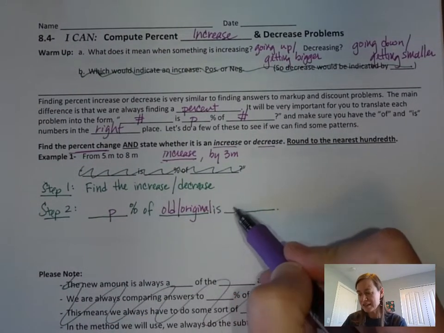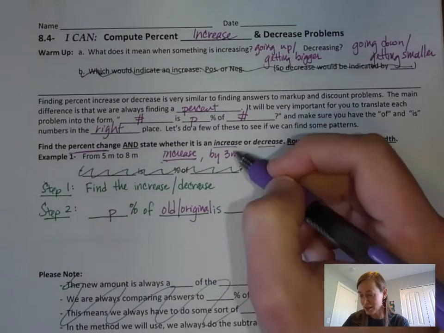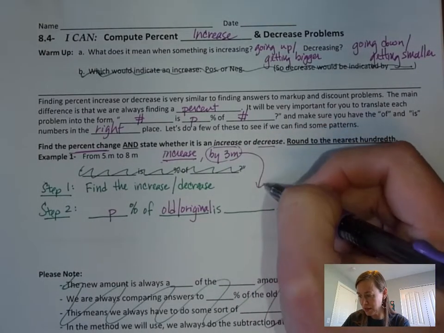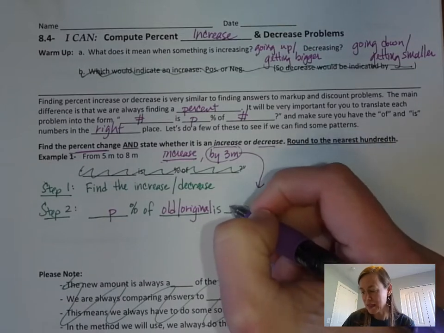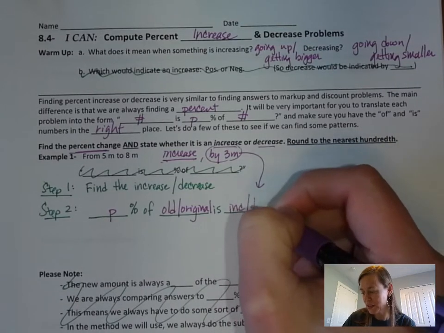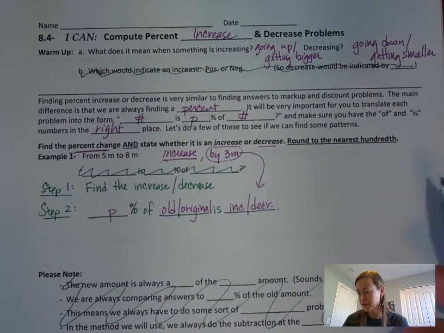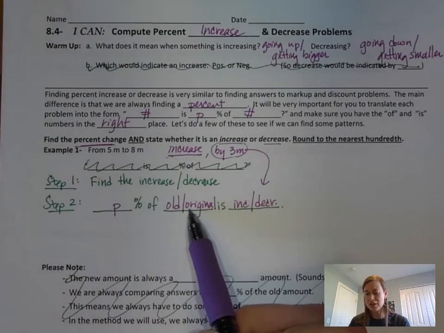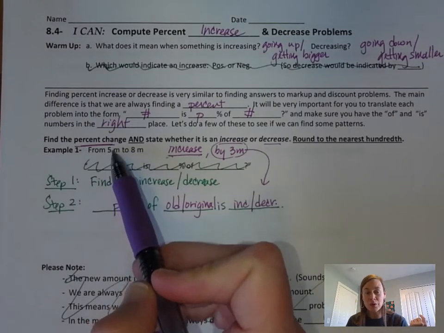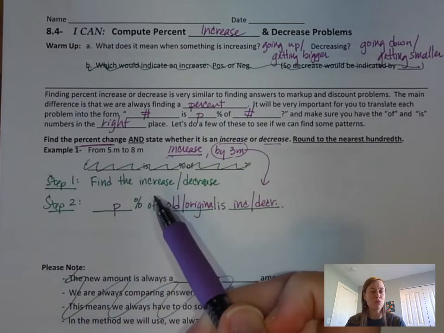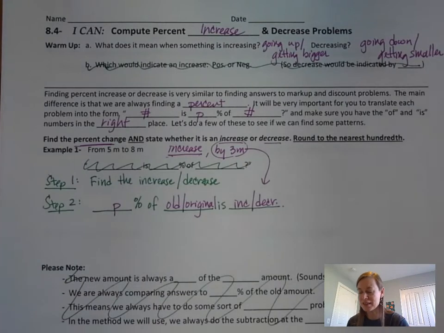And then is going to be the change. So that amount change that you computed, that's going to go right there. What I'm going to write in this blank is the increase or decrease. And I'm just going to abbreviate there. So P percent of the original, some percent of this first number is going to equal what you found in step one, basically. Okay, so let's go ahead and do that.